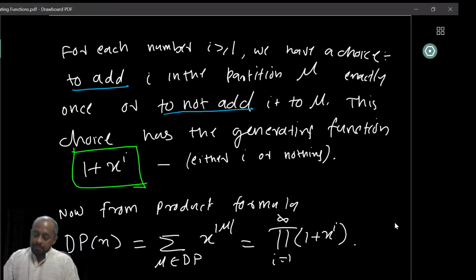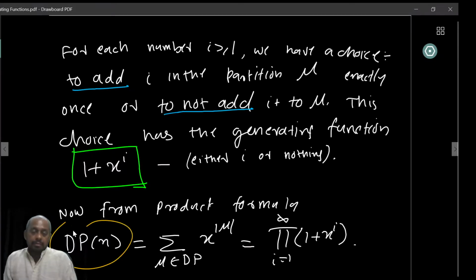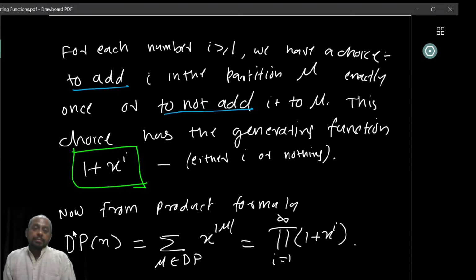Now, what is the DP of x? DP of x is the partitions where all the parts are distinct.